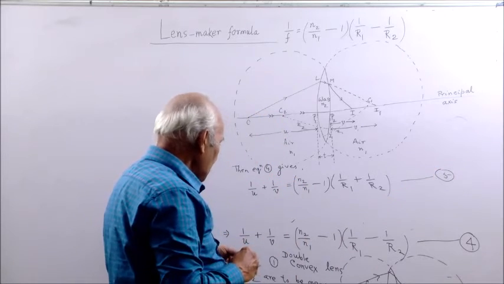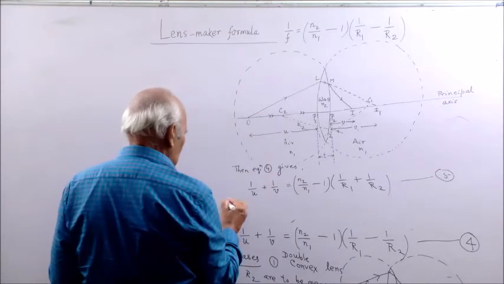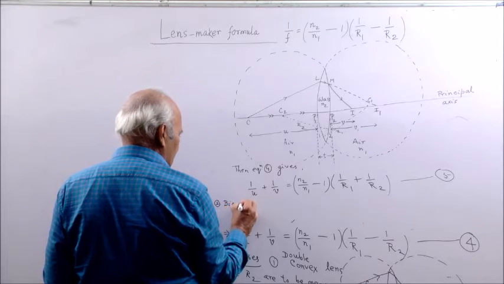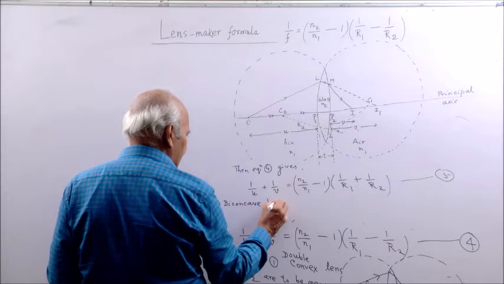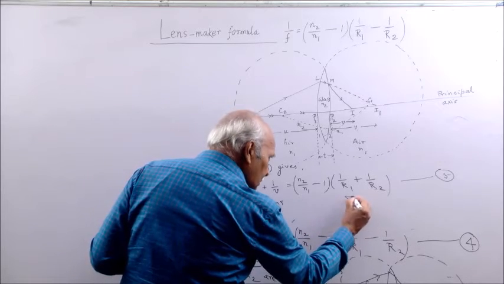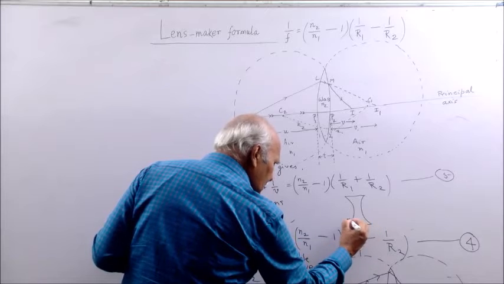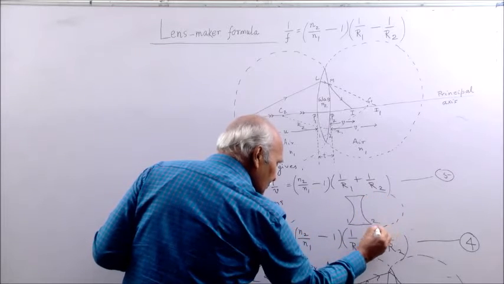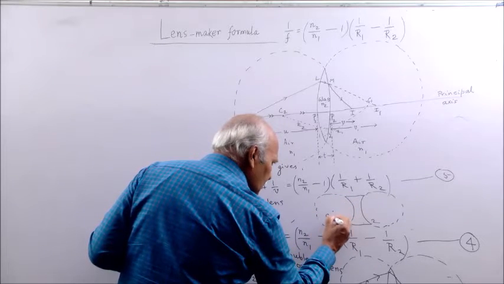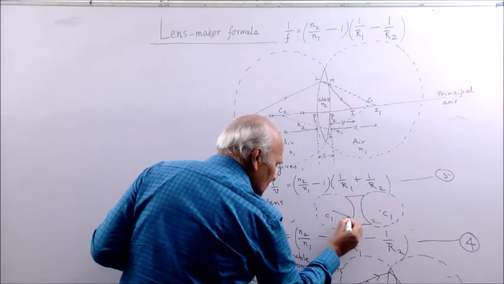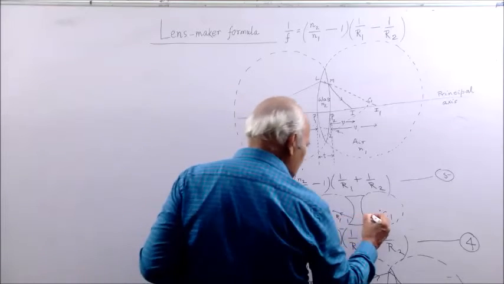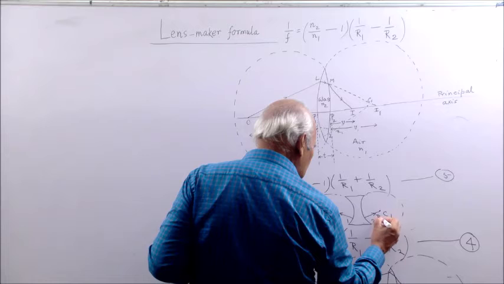Then special case number 2, biconcave or double concave lens. So here the sign convention for the radius of curvature: this is C1, this is C2, so this is R1 and this is R2.